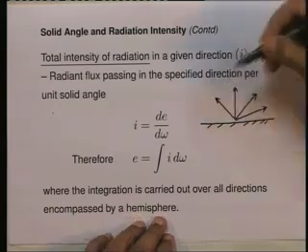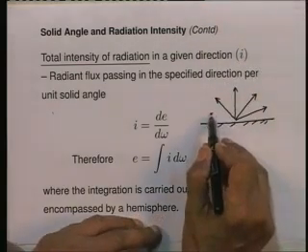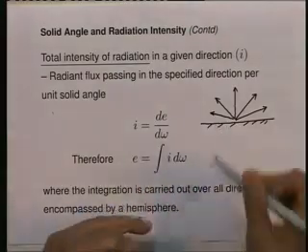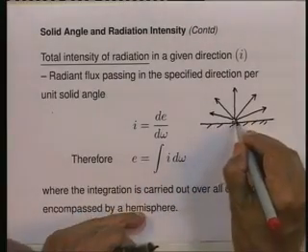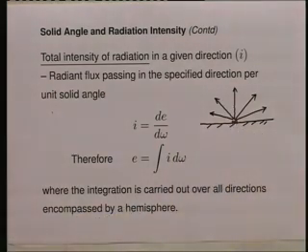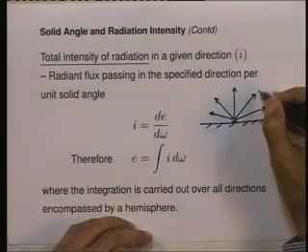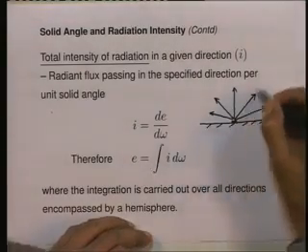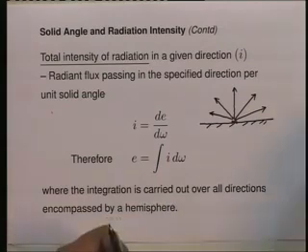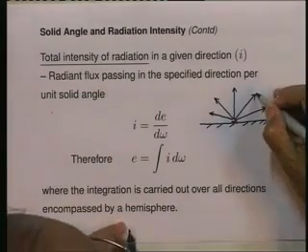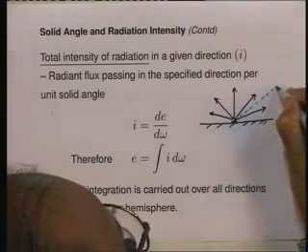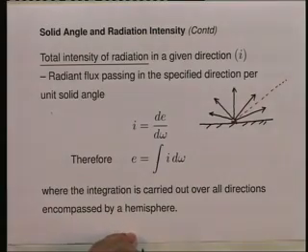Any element on the surface is emitting radiation in all directions of a hemisphere. I want the intensity in a particular direction. So, suppose I have some specific direction like this, which I will draw in red. I want the intensity in this direction.